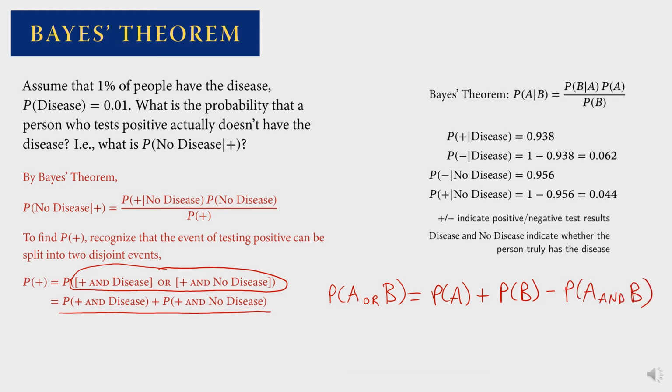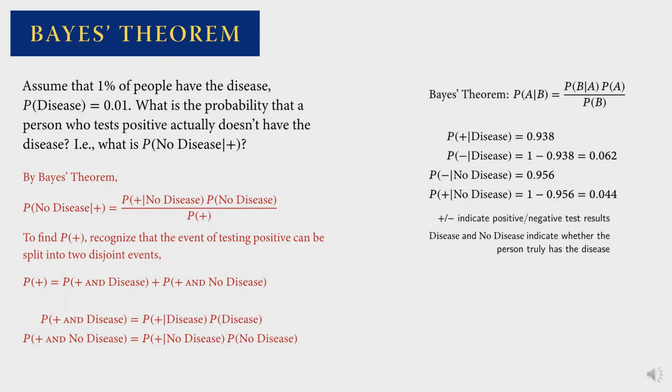And here A and B are disjoint, so the intersection drops out. And so we have that the probability of testing positive is this.